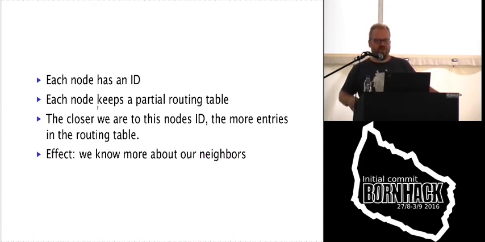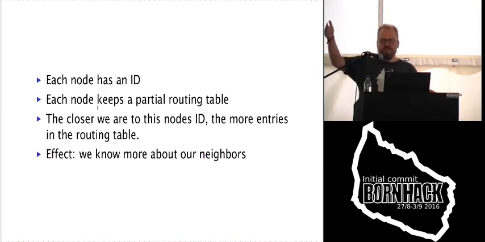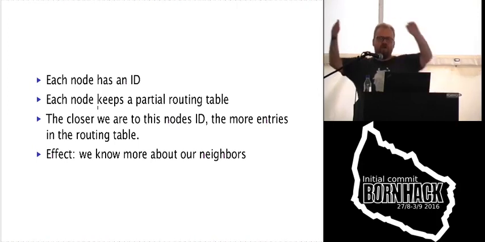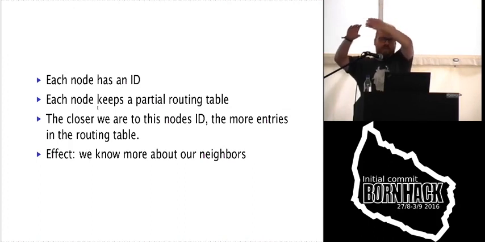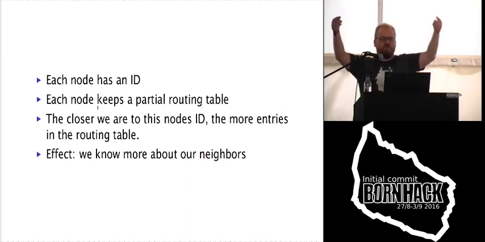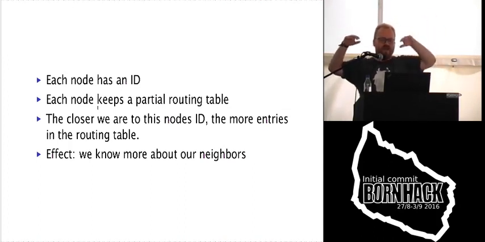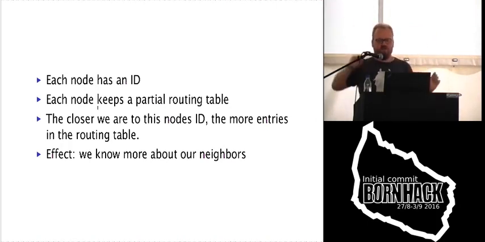So that means, for instance, suppose you have a long bit string and the first bit there is a 0 for your case. Then you don't know more than at most 8 nodes that have a 1 bit there. And as you get a larger and larger prefix in common with the node, you'll gradually know more and more nodes close to yourself.